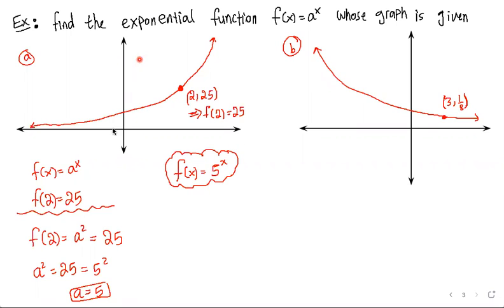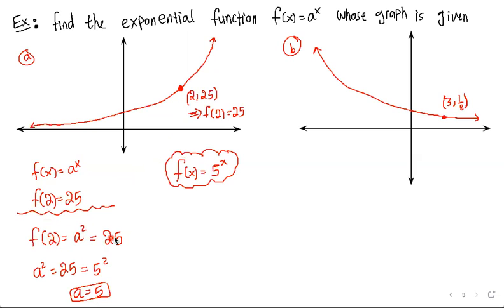Let me explain it again. My question is f of x equal a to the x, and I need to find this function. It's given that the curve passes through the point 2 and 25. This means f of 2 equals 25. Now I plug the 2 inside the original function: f of 2 equals a to the 2, and f of 2 is the same as 25. So a to the 2 equals 25.